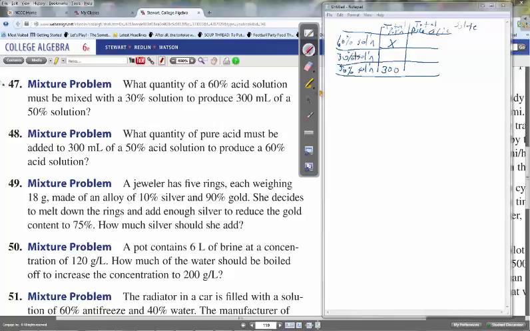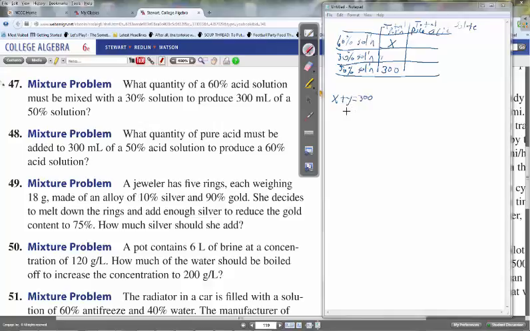I can actually write my 30% in terms of these two, because if this were Y, it's not going to be Y for long. I know I'm dumping this together with this to get this, so that means X plus Y equals 300.